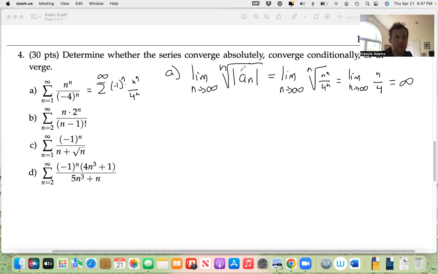And then we need to think, what does this mean about the series according to the root test? That it diverges. Right. So the root test and the ratio test, their decision point is you find this limit, bigger than 1, you diverge, less than 1, you converge, 1, you need to do something else.